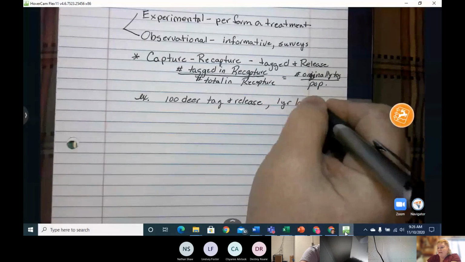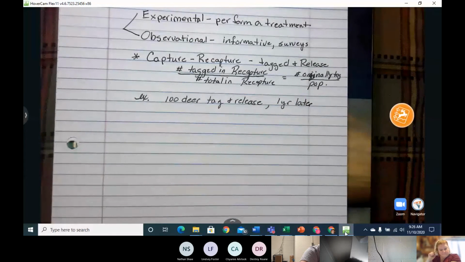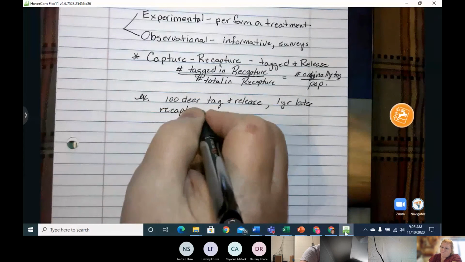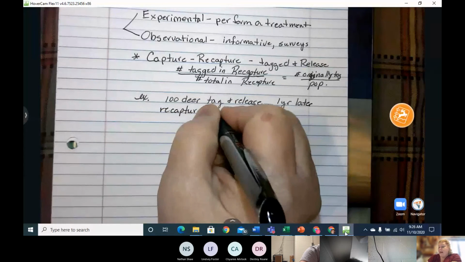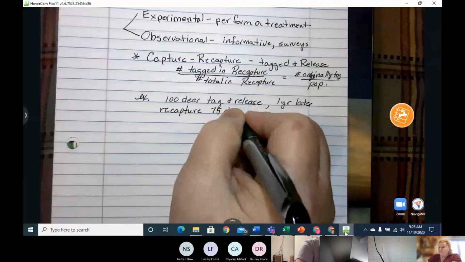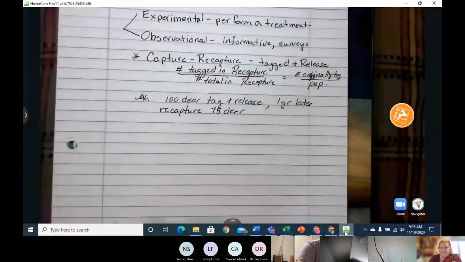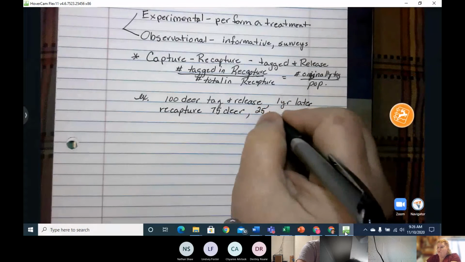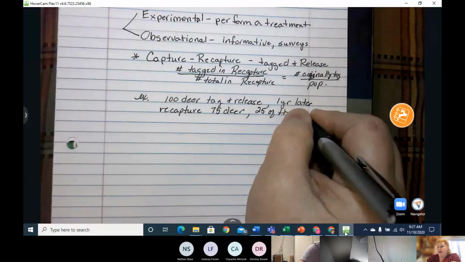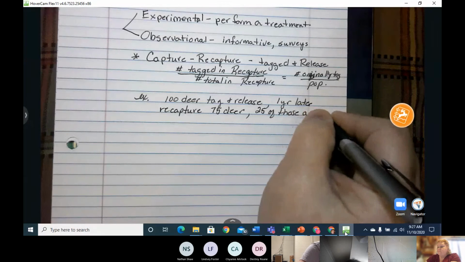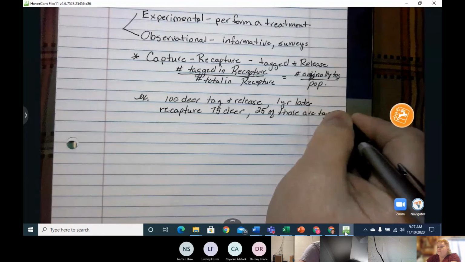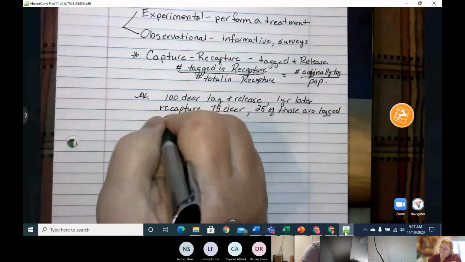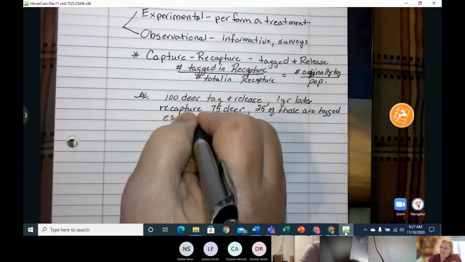One year later, we recapture 75 deer. 25 of those are tagged. And we want to estimate the population.